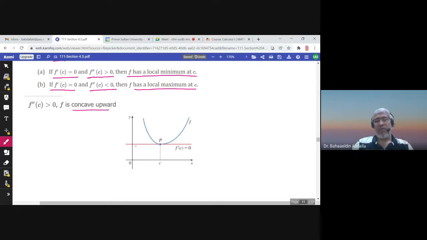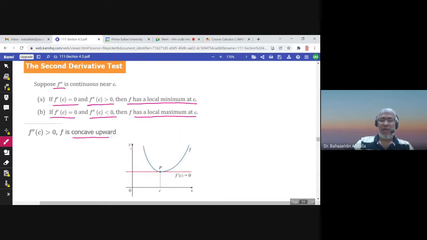So the slope of the tangent line is 0, and the tangent line is horizontal. And if the tangent line is horizontal, this means that the point is a minimum. This will help you understand why, if the second derivative is positive, we conclude that we have a local minimum at c.